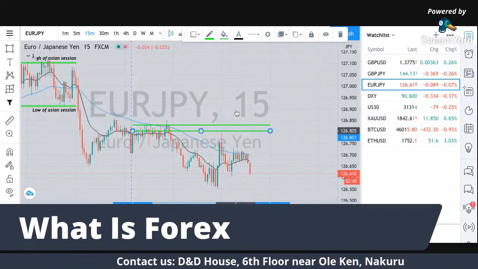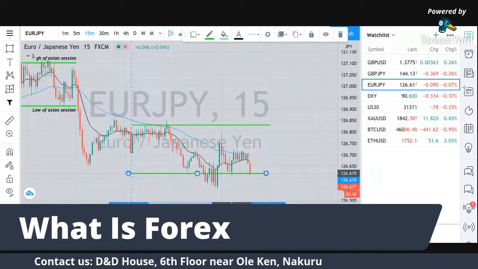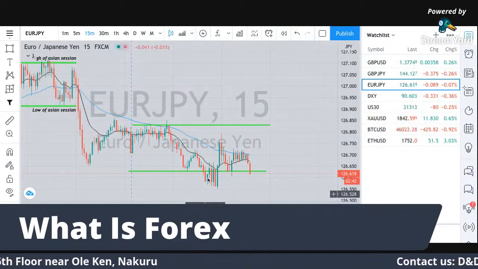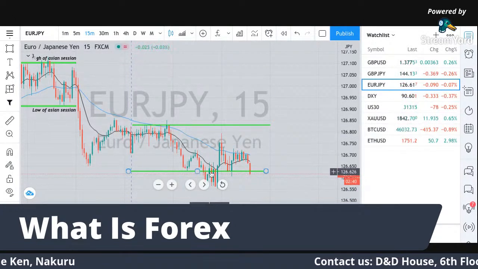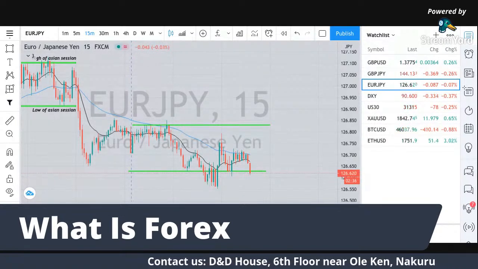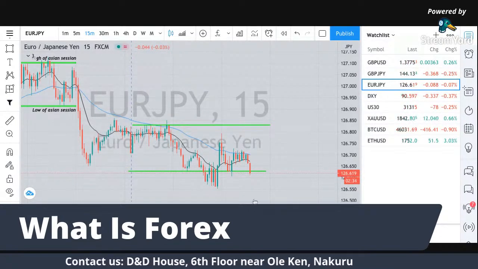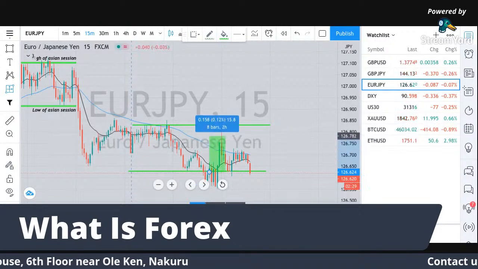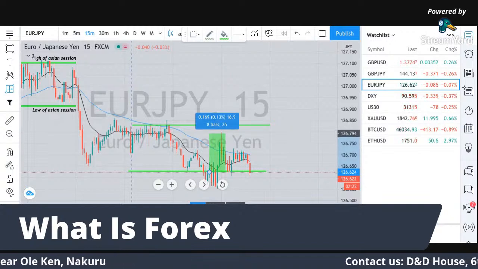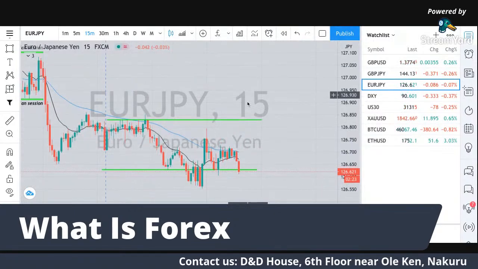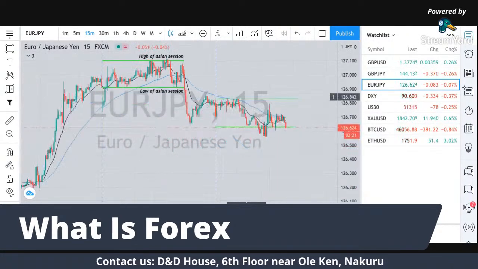This is the Asian high. This was the Asian low, right? So if you take your sell, this was the break and this was the retest. If you took your sell here, there's a probability of 6 pips, but would have been taken even if you use 15 pips.